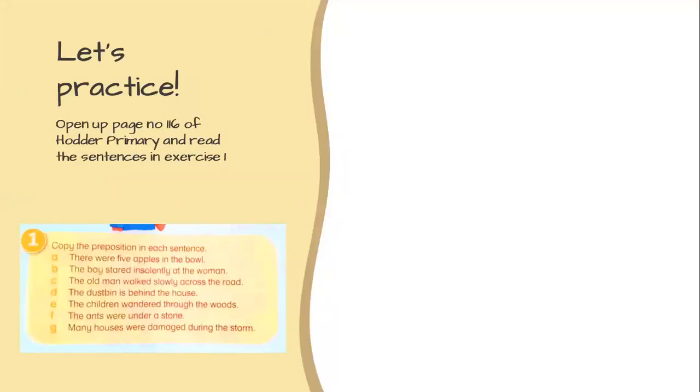Let's practice. Open up page number 116 of your textbook Hodder Primary and read the sentences in exercise 1. There are 7 sentences here, and what I have done is that I have picked out a part of these sentences which we are going to identify as phrases or clauses.